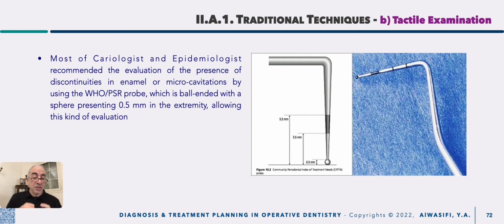Allowing this kind of evaluation will be much less aggressive and much less harmful to enamel, and it is also graduated. It is used with periodontists, epidemiologists and also cariologists because this ball blunt end prevents the explorer from penetrating either soft or hard tissues, even when you are exploring the depths of a periodontal pocket.